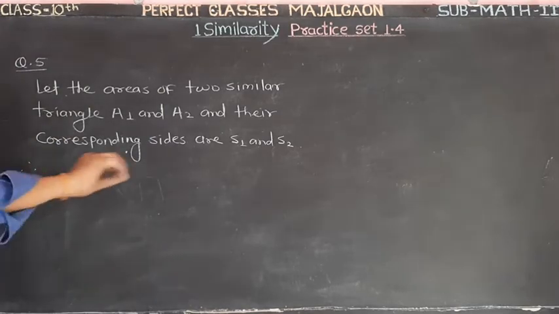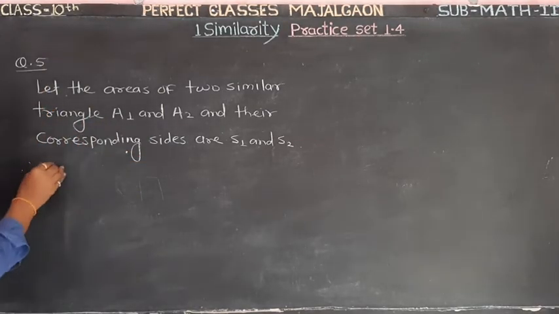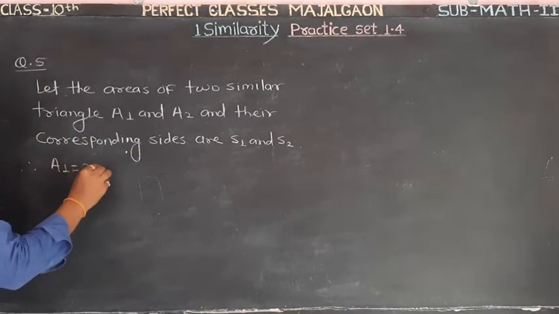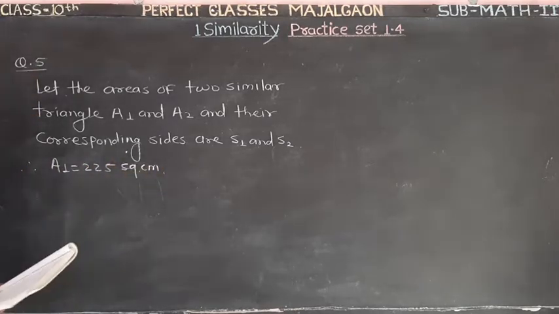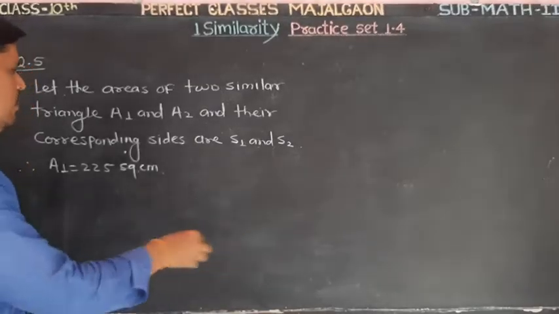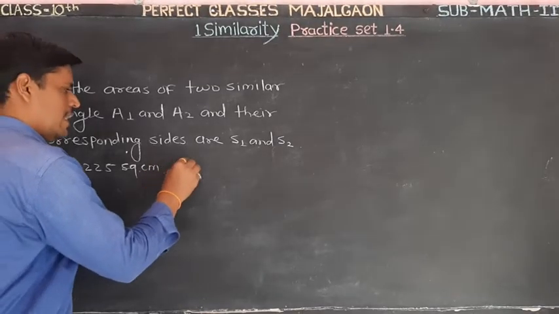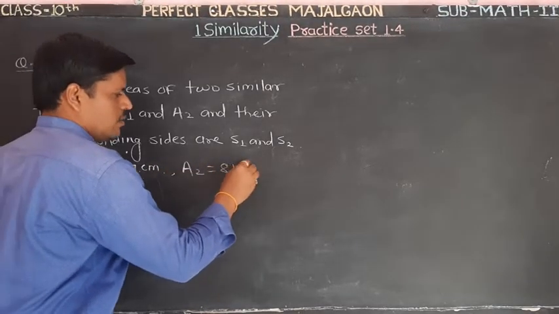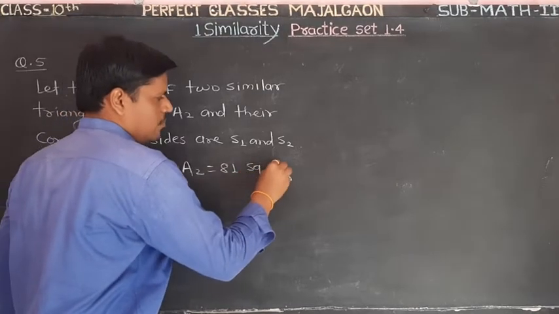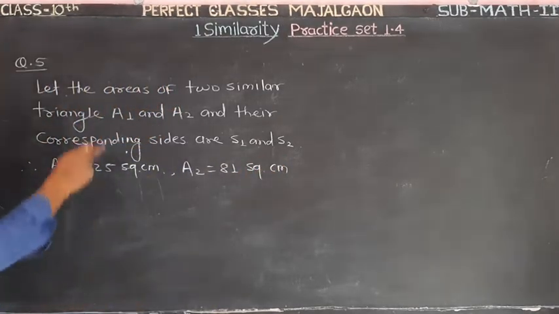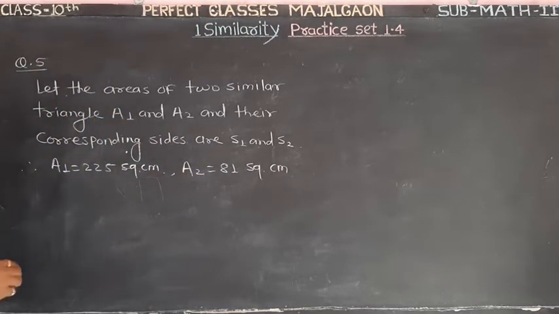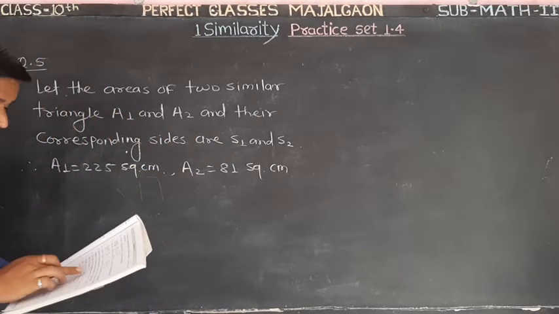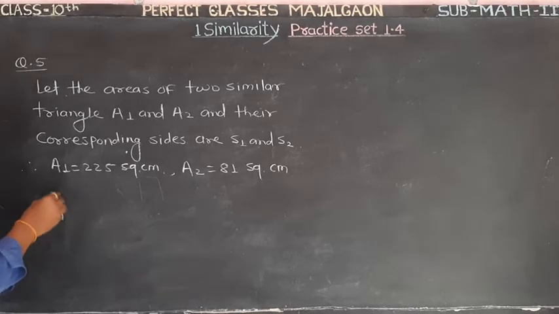Here we assume A1 is the big triangle. A1 equals 225 square centimeter, as given in the example. A2 is 81 square centimeter. Since A1 is the big triangle, S1 is the side of the big triangle, which they ask for.